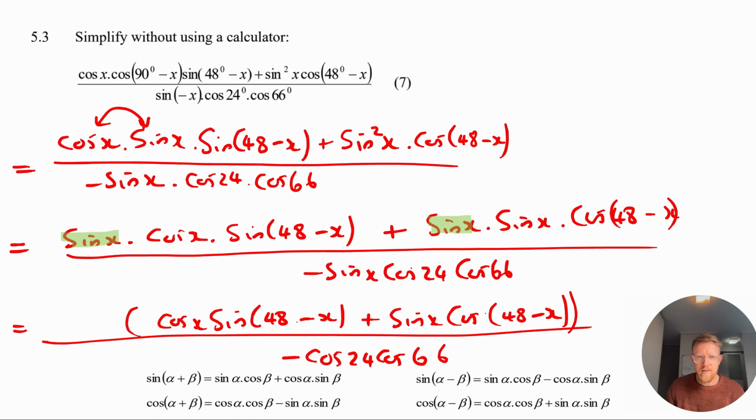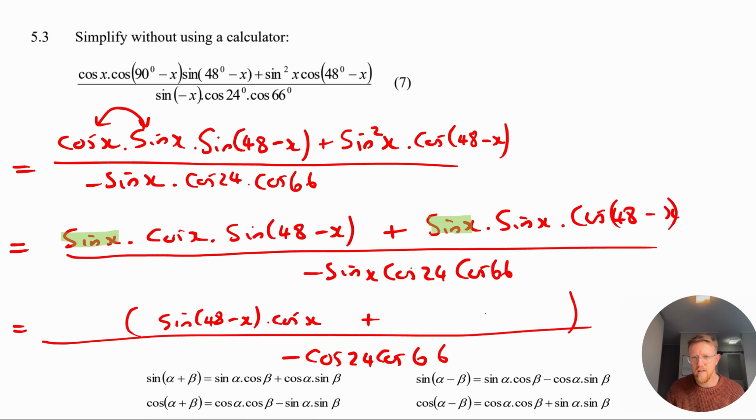So I know that we normally have the sin first, and then we have a cos. So because these two expressions are being multiplied, you can just rewrite it as sin 48 minus x times cos x. You can just switch them around. And then here you can just switch these around as well. So cos 48 minus x times sin x.